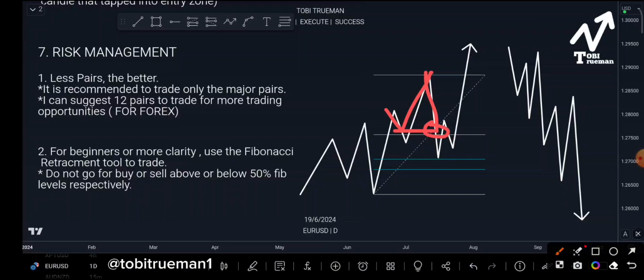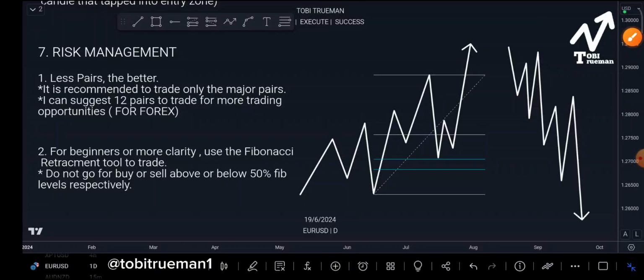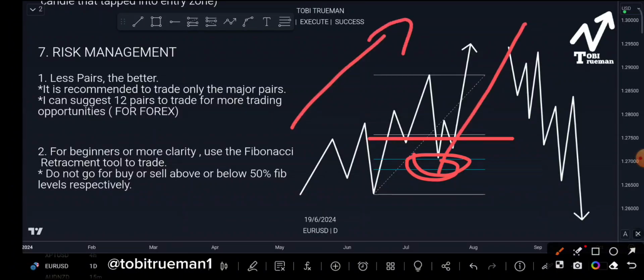So that is why I say for beginners or for more clarity, you can use this Fibonacci retracement tool. You just have to plot the 50% line. When price comes below the 50% line, that is a buying opportunity. That's for when the market is bullish. Okay, you can buy.